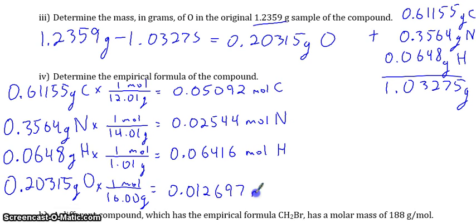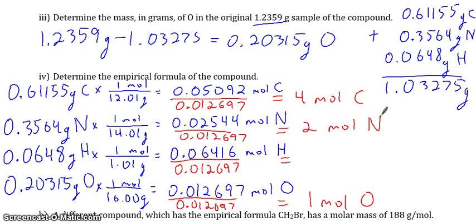If we do carbon, 0.05092 divided by that, this gives us 4 moles of carbon. This one looks like it's going to be 2.0 moles of nitrogen, and this one looks like it's going to be, let's find out, 0.06416 divided by 0.012697.